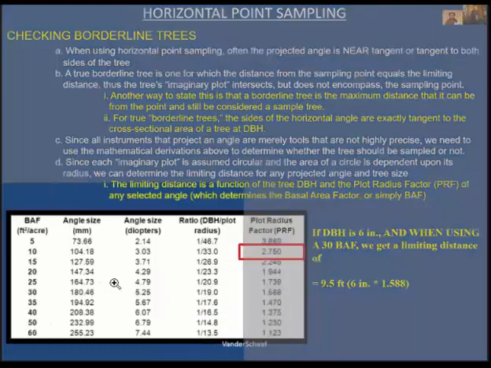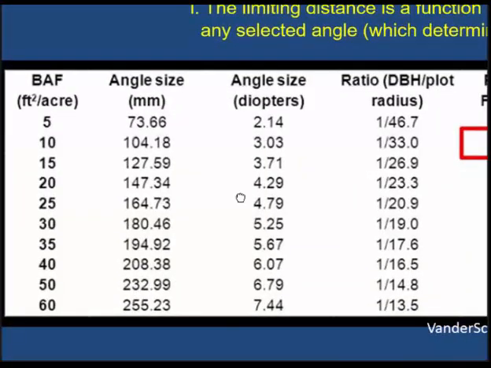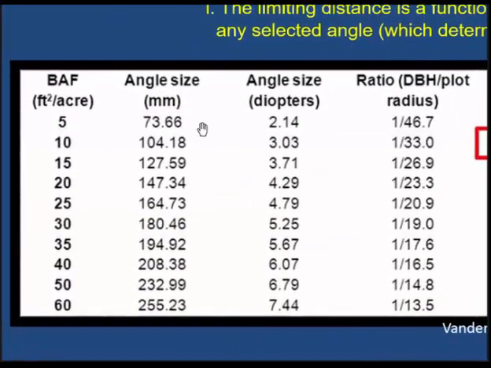here. And so here we have our angles in diopters and angle size in millimeters, kind of what we've touched on. These angle sizes are associated with various spatial area factors, and we will touch on that shortly.